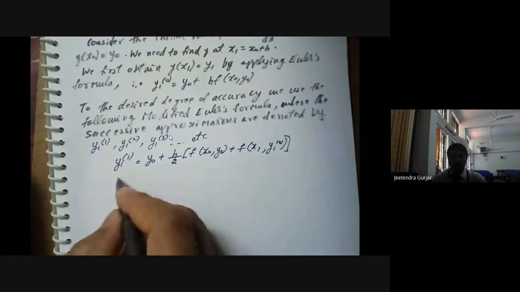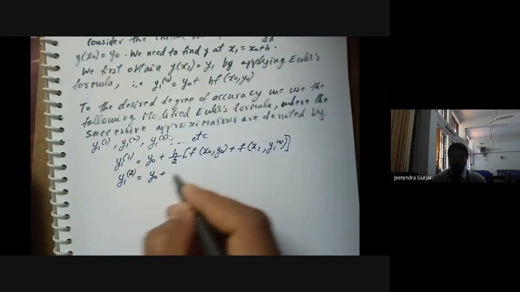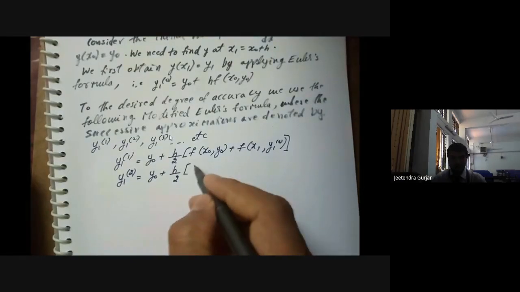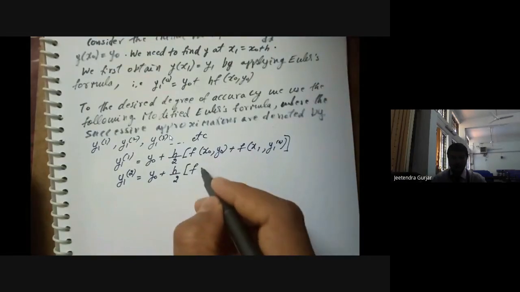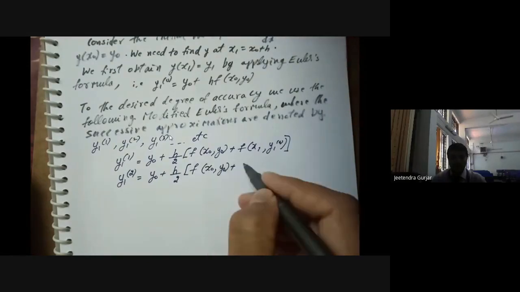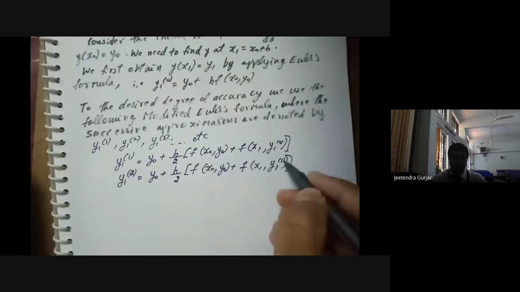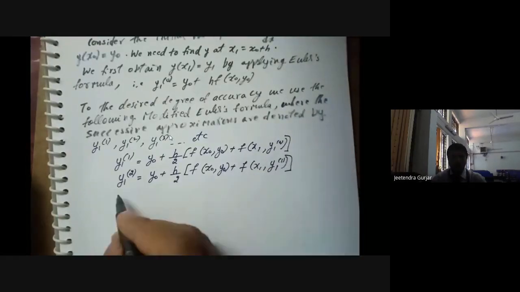Okay. y1 raised to 2. What will be y1 raised to 2, students? It is y naught plus h upon 2. It remains the same, f of x naught, y naught will remain the same. Only this value will change, that is plus f of x1, y1 raised to 1. Similarly to the previous, again we simplify.